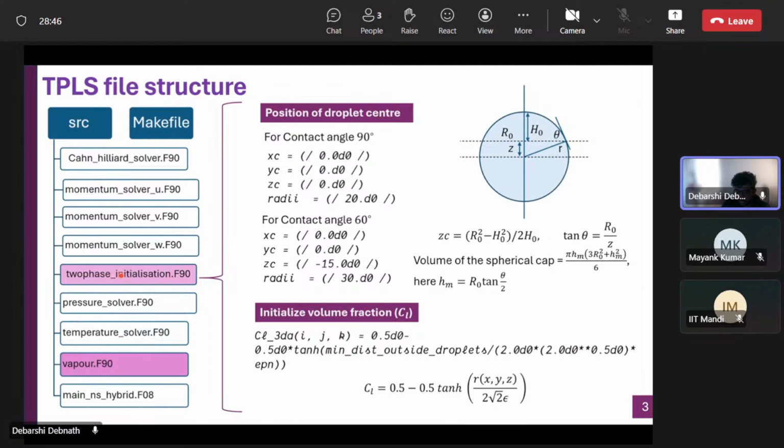Then you have two-phase initialization to initialize the domain with all the variables, the pressure solver, and the temperature solver for the energy equation. The main NS hybrid is the main time loop file where you call every solver, basically the main code. Today I'm going to discuss a little bit about this file, which is called Vapor.